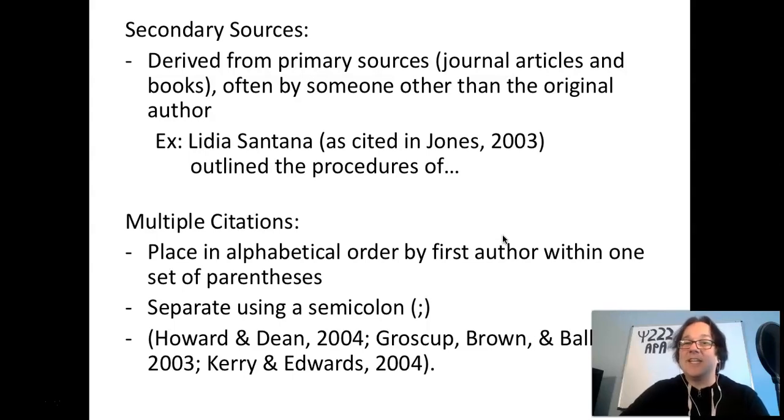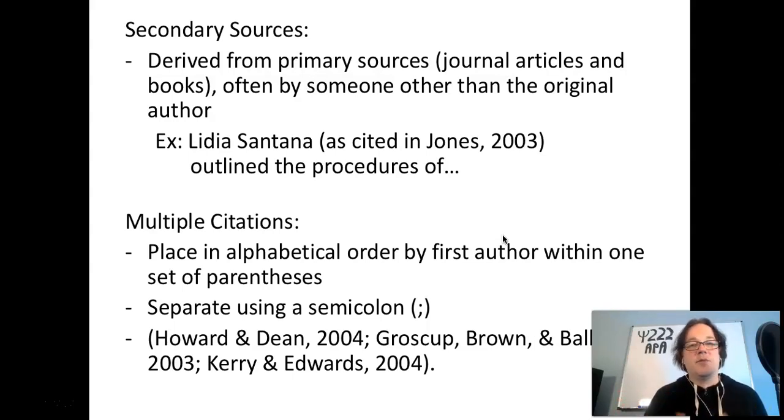We tend to try to discourage this. Why? Well, because you're relying on the person in front of you to have gotten this other person's research right. And it's really best for you to go directly to the source, that primary source, and find it yourself. Sometimes it's impossible. It is, right?